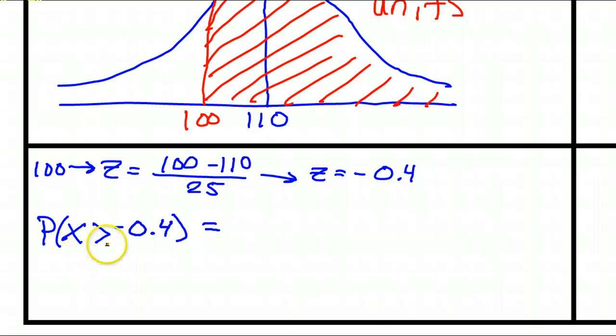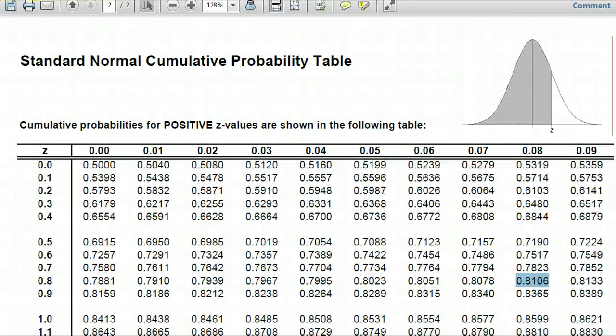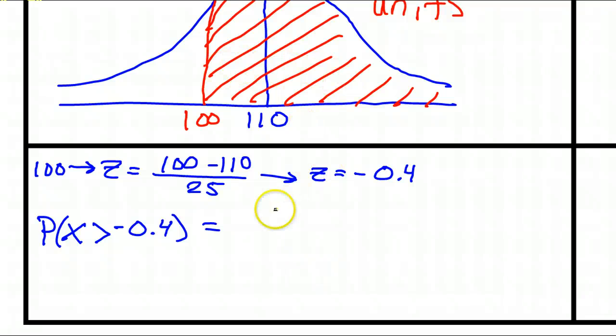Like I was saying, if we're doing greater than, the chart here only does less than. It's automatically giving us probabilities to the left. So if I want to go to the right, remember I have to do 1 minus the value from the chart. So I'm going to look up this z-score on the chart, but 1 minus that.